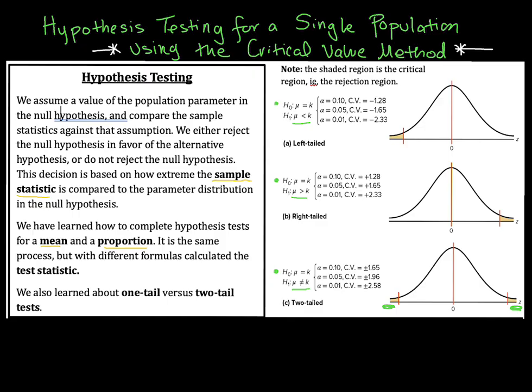And so this yellow area is the rejection area, meaning if our mean is really far away from our null hypothesis mean, we're going to reject it. If the sample mean is extremely different than the null hypothesis mean, we're going to reject it. And so these alpha levels, here we have alpha is 0.10, alpha is 0.05, or alpha is 0.01 for 1%.